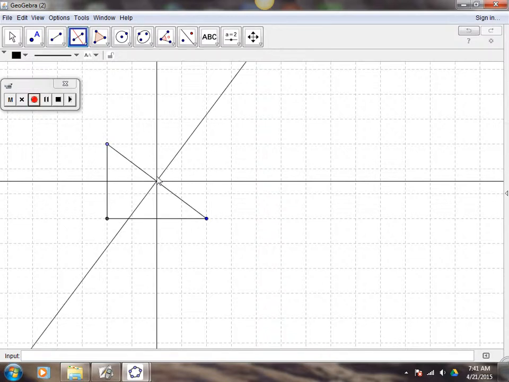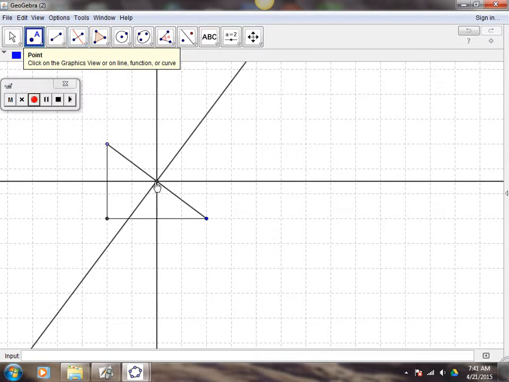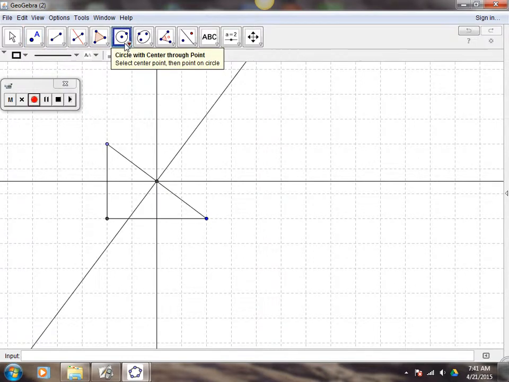And where they meet, right there, that's called the circumcenter. So this is going to be the center of my circle. So now if I get a circle, and I center it right on that circumcenter, it will catch all three of these vertices of the triangle.